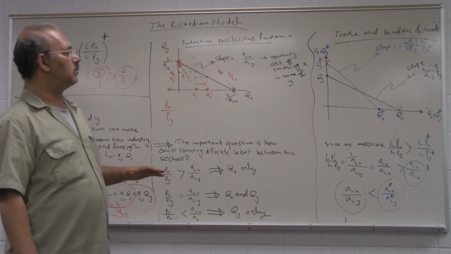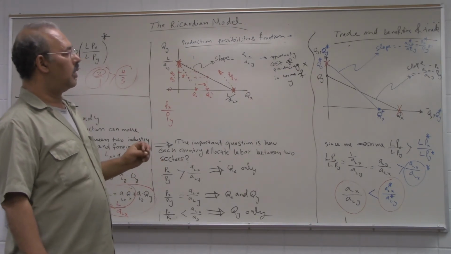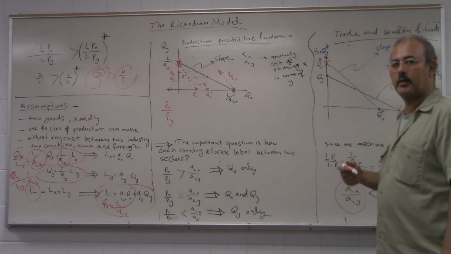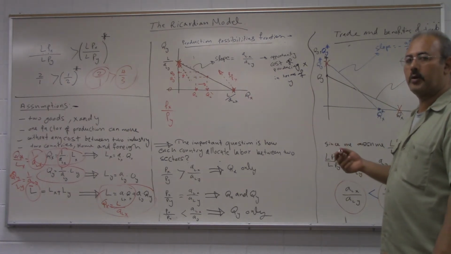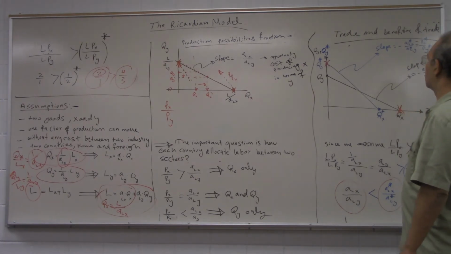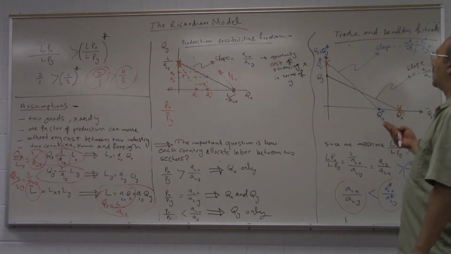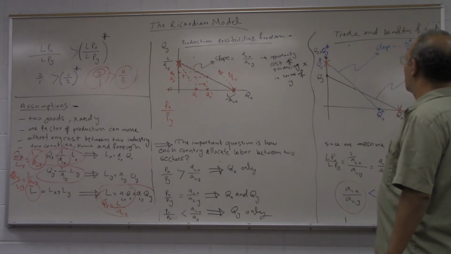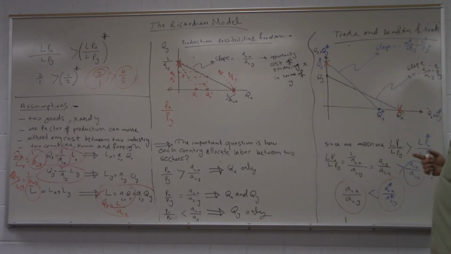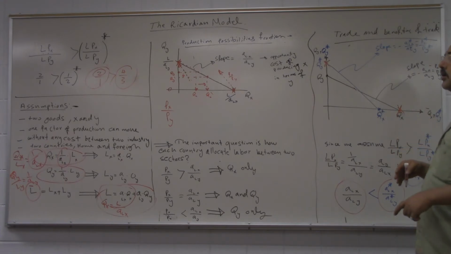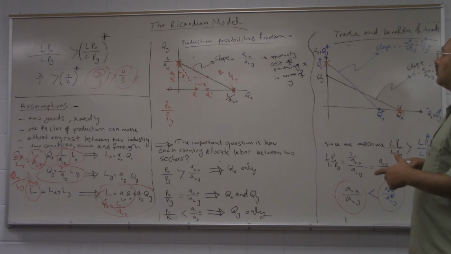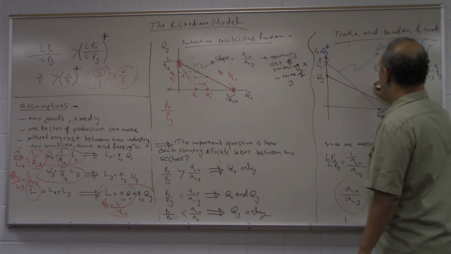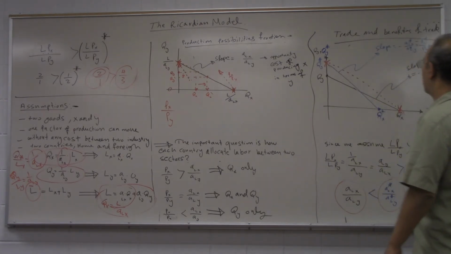Okay, this means the home country will specialize in producing good X, and the foreign country will specialize in producing good Y. And therefore we find ourselves on another, like imagine another production possibility frontier, if we make a straight line to this point like this.